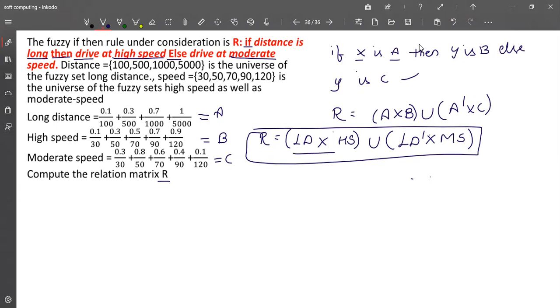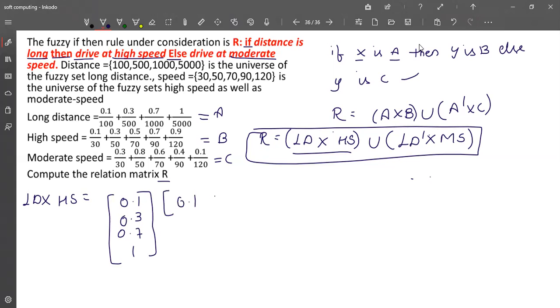Let's find the Cartesian product of long distance and high speed. Take long distance as a column vector: 0.1, 0.3, 0.7 and 1, and high speed as a row vector: 0.1, 0.3, 0.5, 0.7 and 0.9.